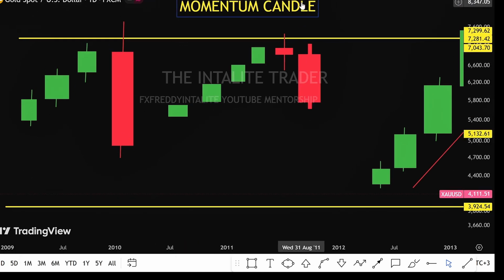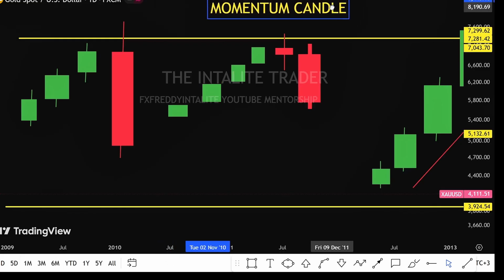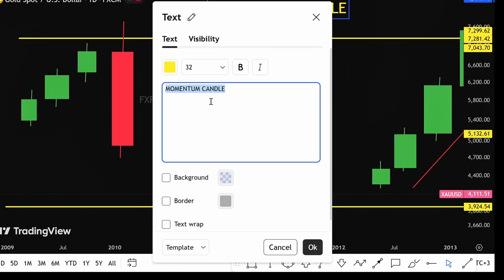But this one, we call it a momentum candle, one whose body size is bigger than the previous candle. You can call this a momentum candle, or we can call it a momentum engulfing candle.